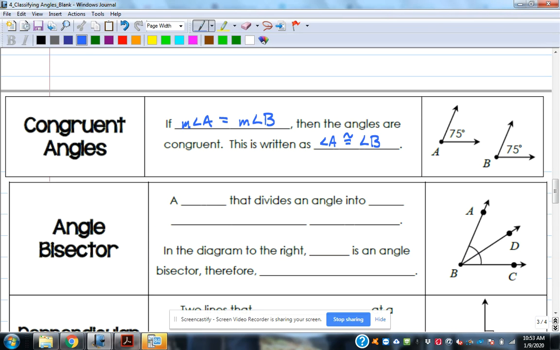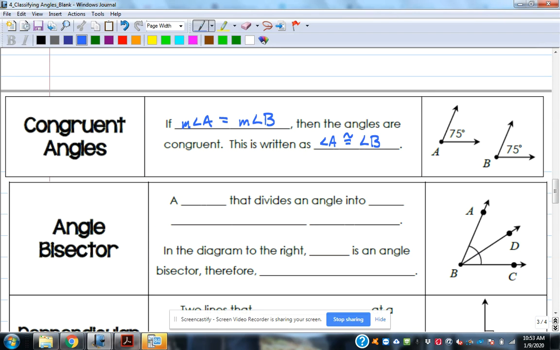All right, angle bisector. So we had bisectors when we talked about segments. What did the bisector do when we talked about segments? Cut it in half. So an angle bisector is going to do what? Cut the angle in half.